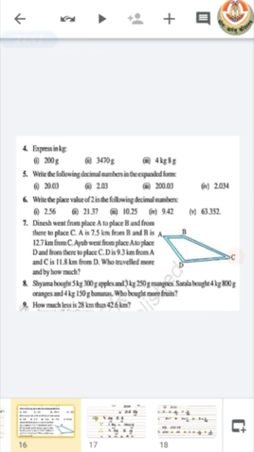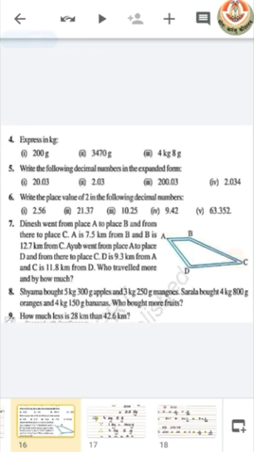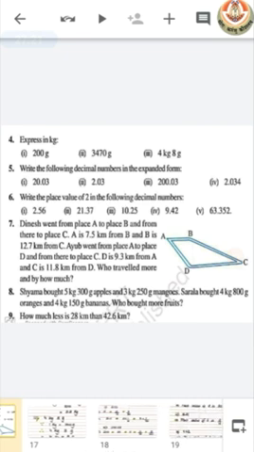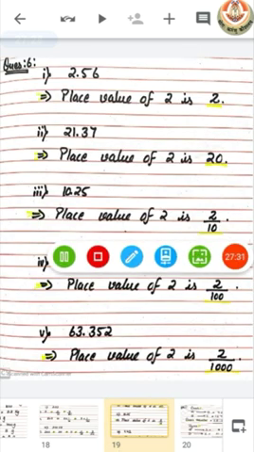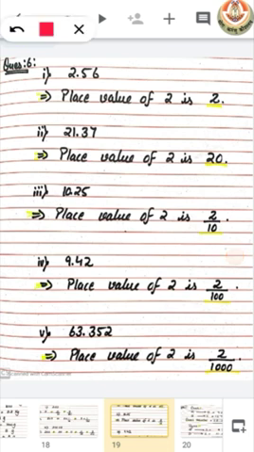Now in the sixth question, we have to write the place value of 2 in each of the given decimal numbers. So here we can see that in the first part 2 is in ones place. In the second part 2 is in tens place, so it will become 20.